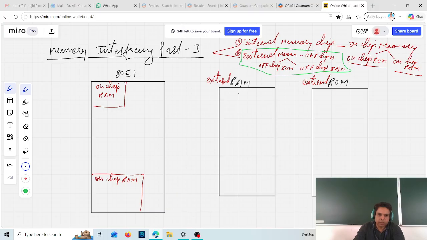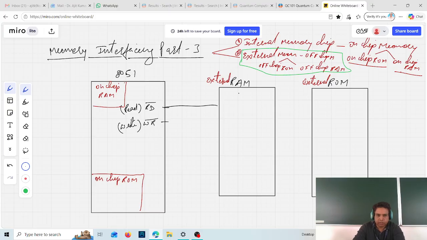In 8051, we have a pin called RD. It is active low. Then we have WR. RD means read, and WR means write. These pins are connected with the RAM.